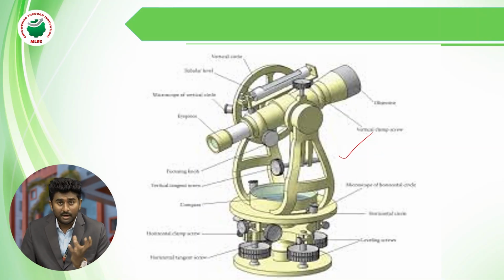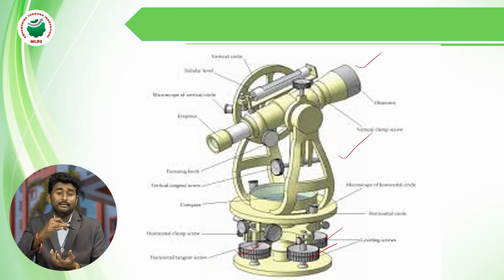Next, the horizontal circle, vertical circle and tilting of the telescope. Next, the vernier scale and main scale readings in the horizontal box. These are the foot screws used for leveling the instrument on the tripod stand.